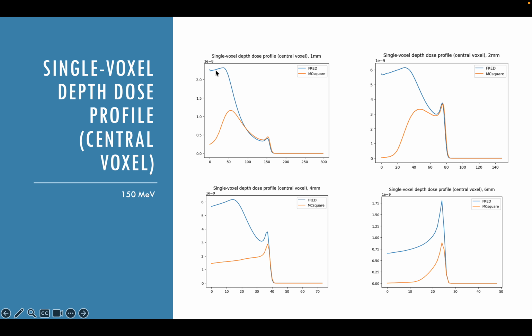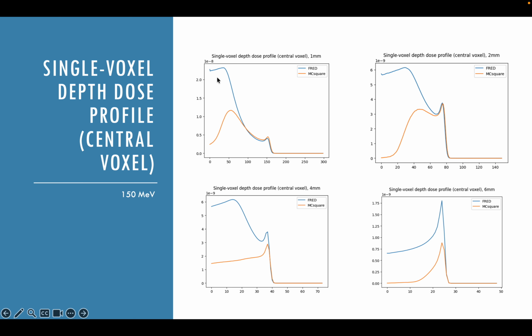You can clearly see the trend that, of course, at the surface, for a single voxel, the dose will be high because millions of protons are coming, and as they enter the phantom, their energy gets scattered because of multiple Coulomb scattering.